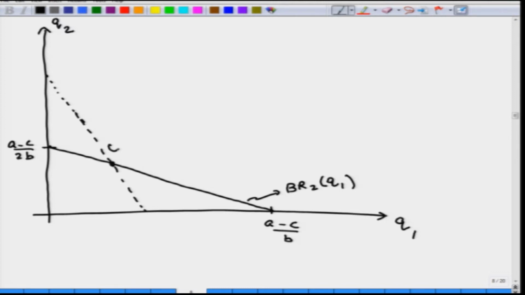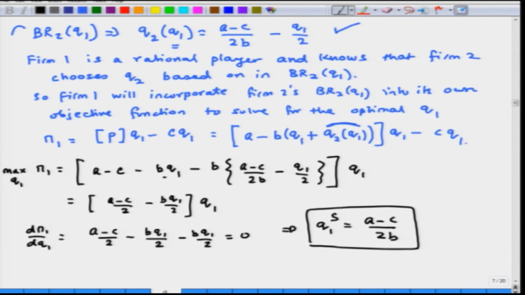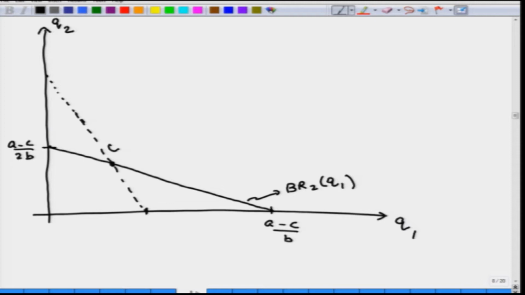So, what firm 1 is choosing is an output which is A minus C divided by 2B. Notice this is also the output which is chosen by a monopolist, right. So, if I had only one firm in the market, that firm would have chosen an output equal to A minus C by 2B. So, the Stackelberg output Q1S essentially is A minus C divided by 2B, which is also the monopoly output.